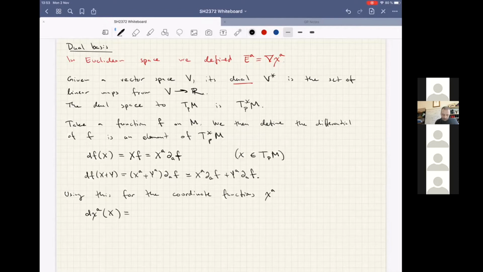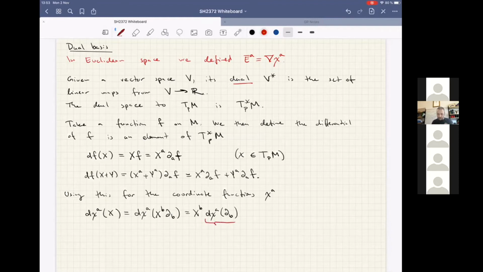So that's going to be d chi a of xb ∂b. However, this d chi a is linear, so we can move this xb outside, and we're left with d chi a of ∂b. Now we just need to decode what this is.